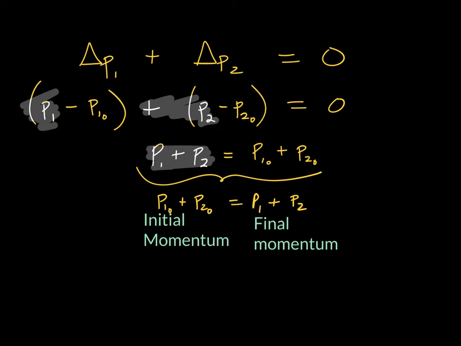And to be more explicit, this will turn into M1 speed 1 initial plus M2 speed 2 initial equals M1 speed 1 final plus M2 speed 2 final.